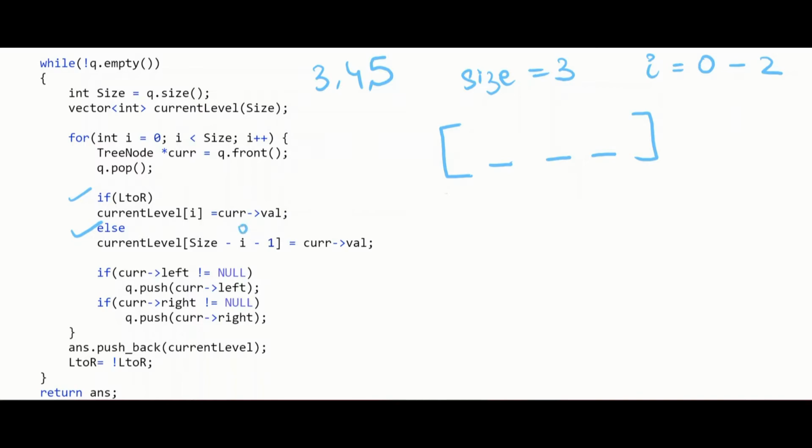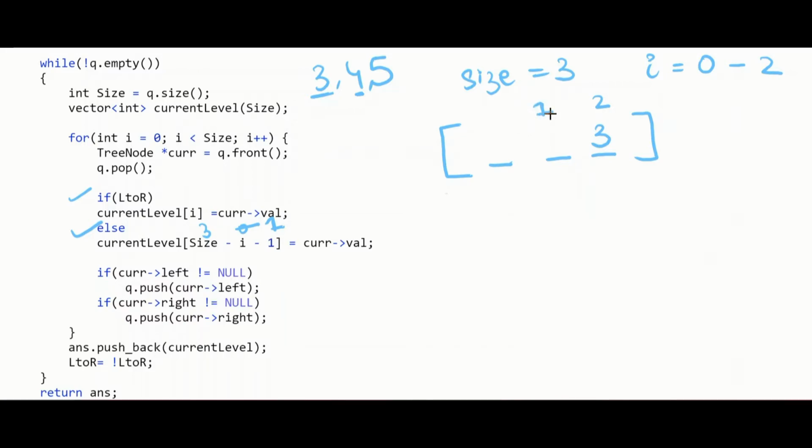So I is 0, size is 3. So we will add it to 3 minus 1, that is the second index. We will add the current value which is 3 to the second index. Then again, when I is 1 and the value is 4, we will go to 3 minus 1 minus 1, that is the first index.